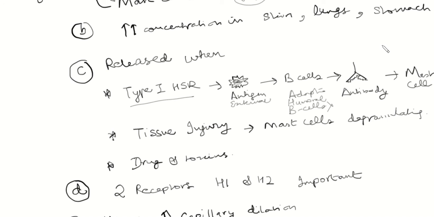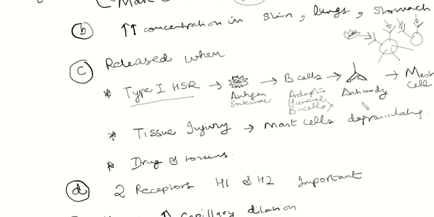And this antibody now primes mast cells and sits on mast cells, ready and waiting. It's called sensitization. Now, when the antigen comes in again, it fits very nicely on these antibodies and degranulates the mast cells.